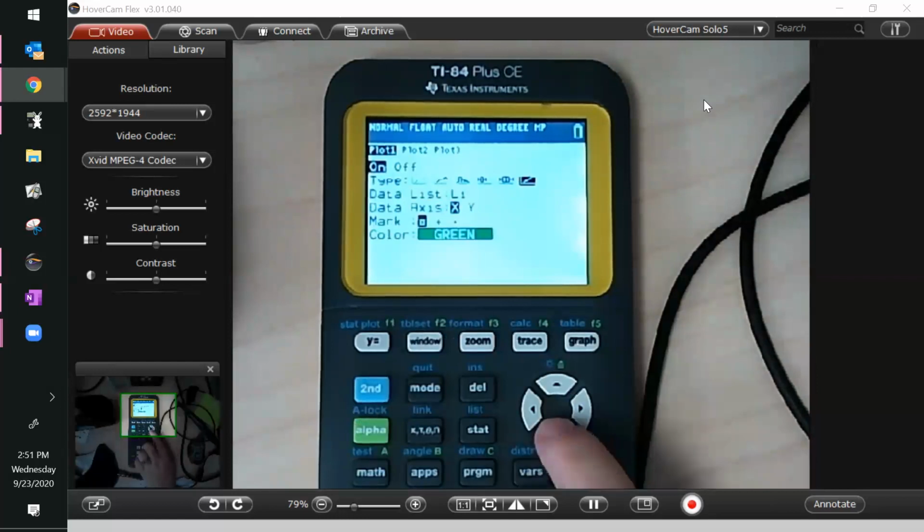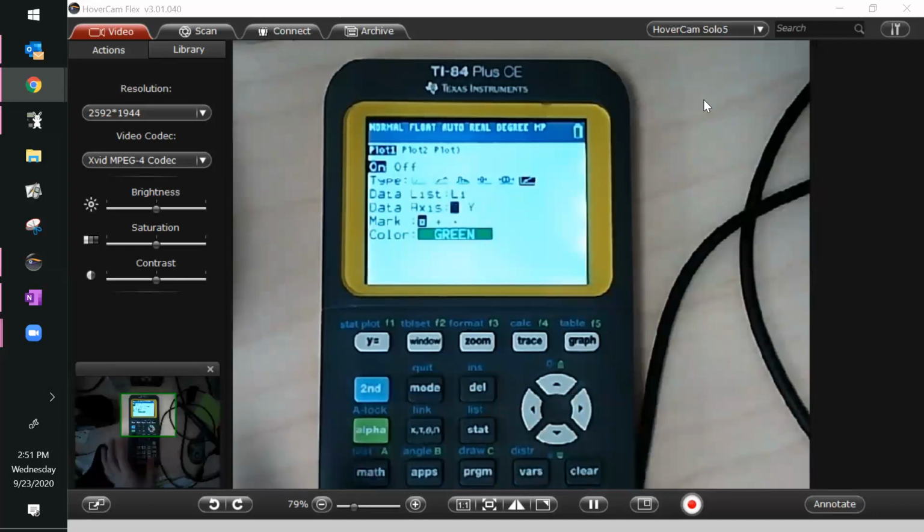And where do I want my data axis to be? We already said before, with our normal quantile plots, our x values are on the x-axis, and my y-axis will actually be z-scores. So we're going to choose x, and that's probably what's already selected for you. So after that looks like that, I'm going to go ahead and graph this.